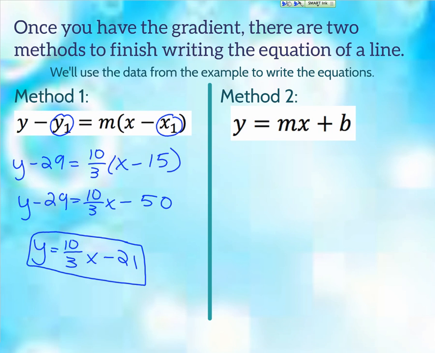All right. Any questions on the steps? So if you prefer method 2, you end up putting your mean in for the x and y, and then you find b. So I have 29 equals 10/3 times 15. When I multiply the slope and the x value, I end up getting 50.